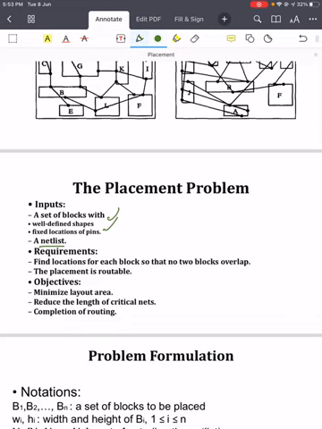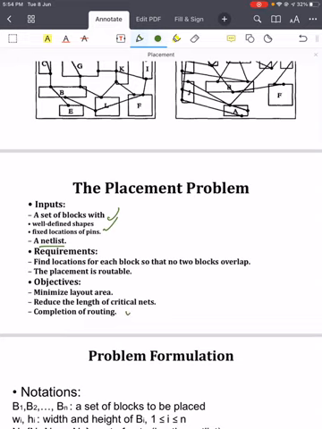Okay, so a good placement makes the subsequent steps of routing easier. The objective of placement would be to minimize the layout area, reduce the length of the critical nets, and also ensure that the routing can be completed. So your placement solution should be routable, and that is very important.